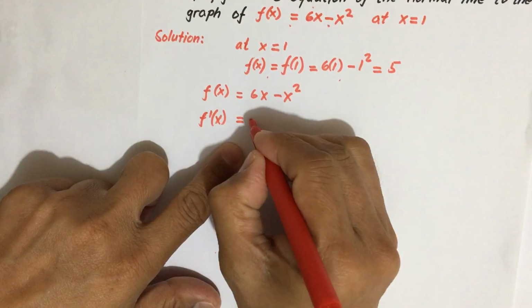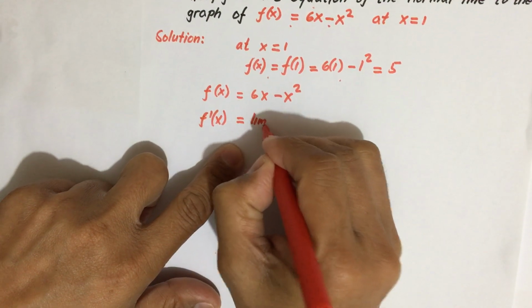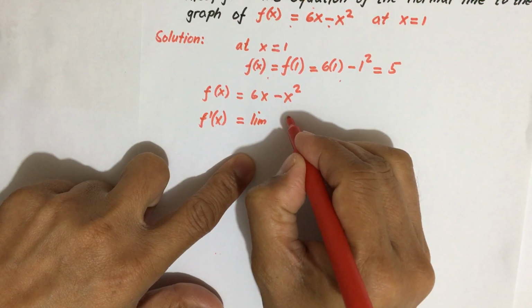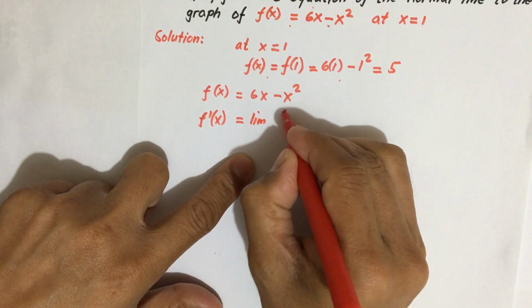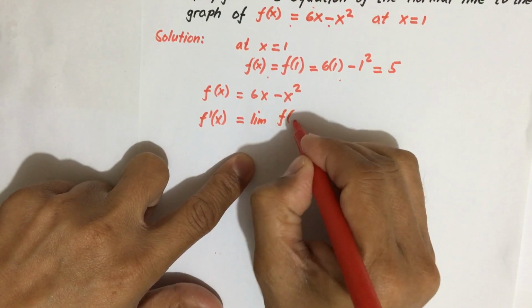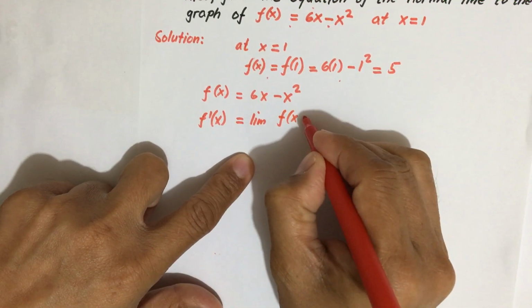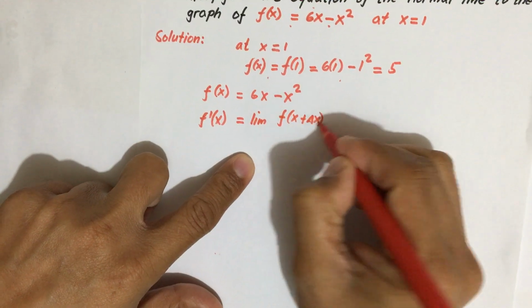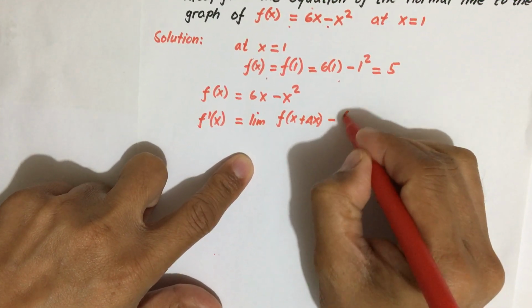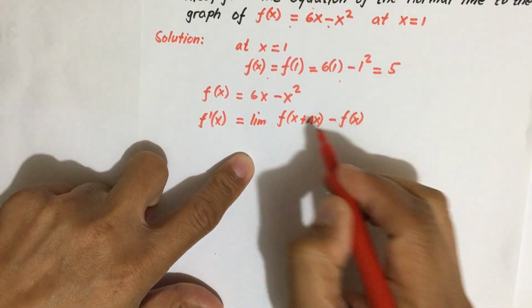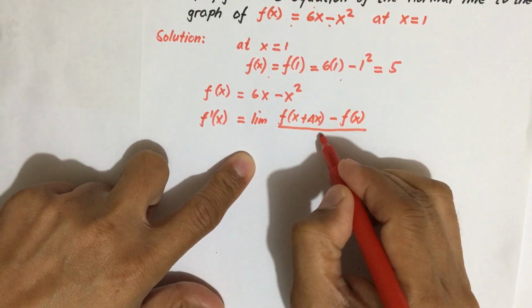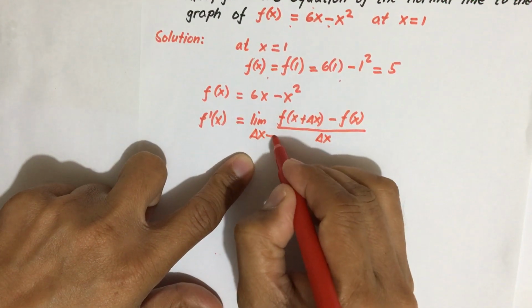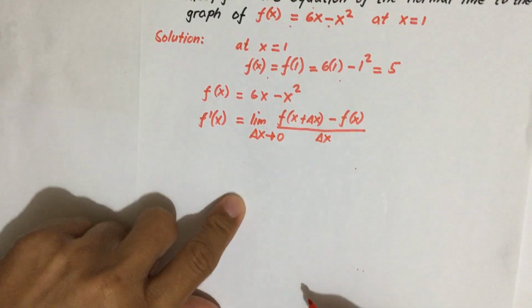We have the limit of f of x plus delta x minus f of x, divided by delta x, as delta x approaches 0.